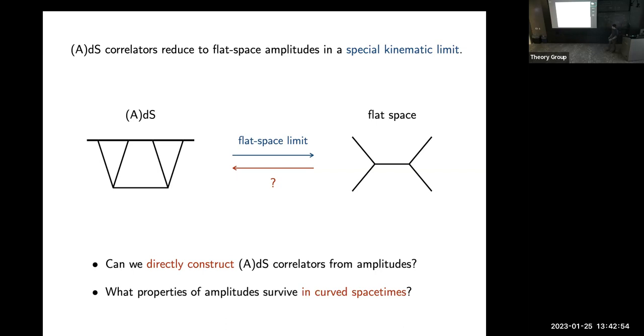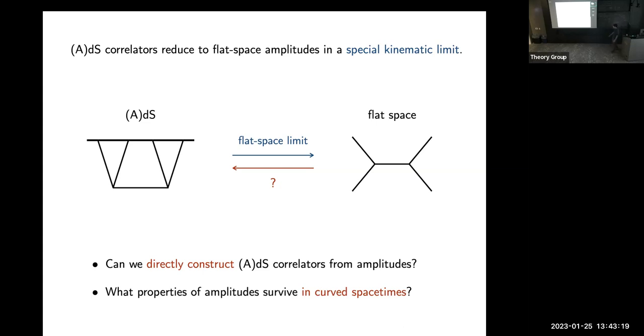On that front, I'd like to ask the following two questions. The first question is, can we directly construct AdS and dS correlators from amplitudes away from the flat space? In other words, is there a way of taking a flat space amplitude and going in the opposite direction in this picture?